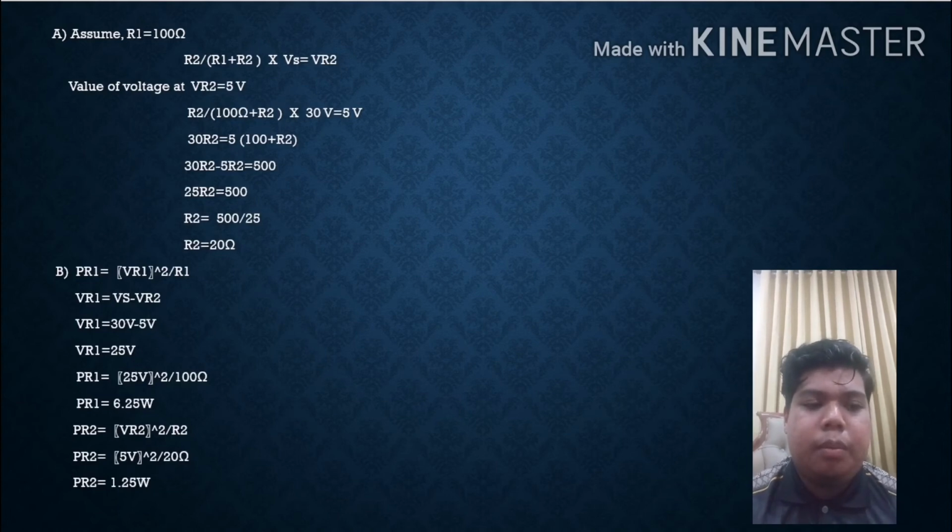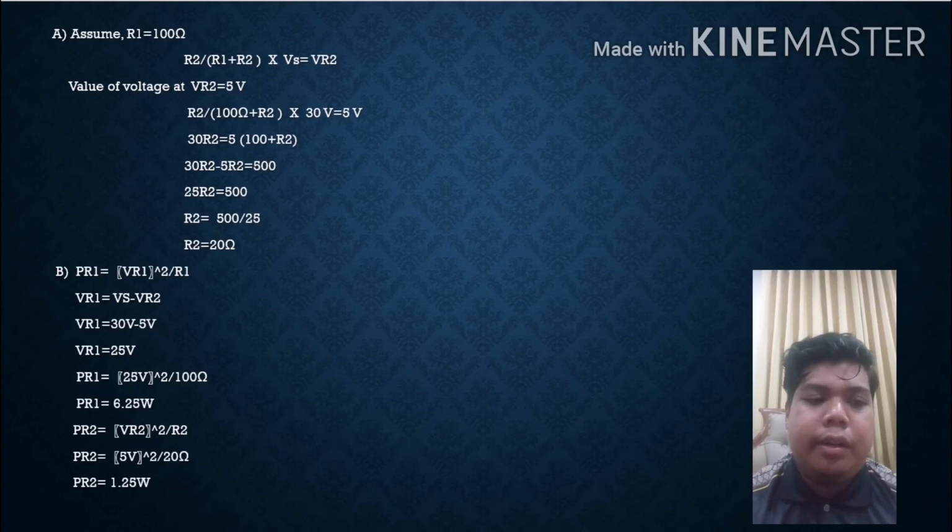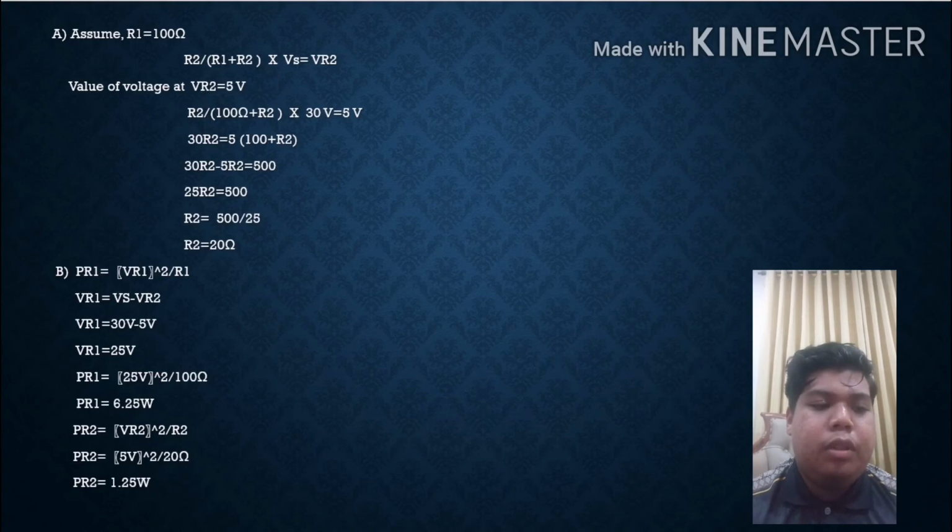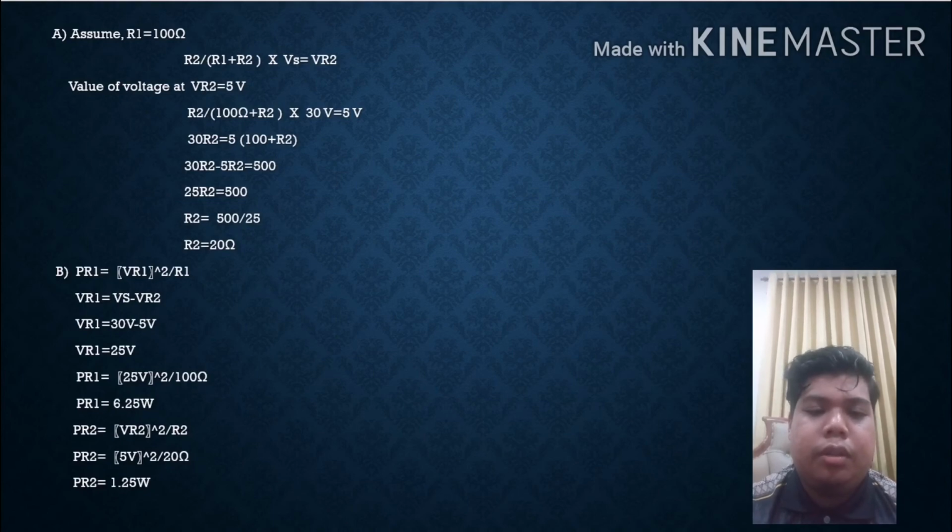The power dissipated at resistance 1 is 6.25 watt, and the power dissipated at resistance 2 is 1.25 watt.